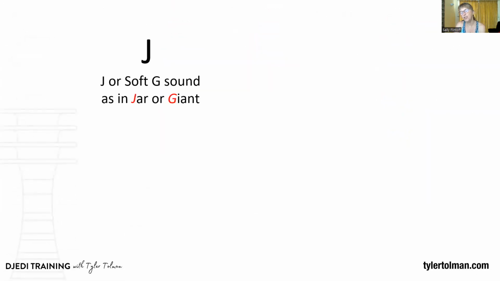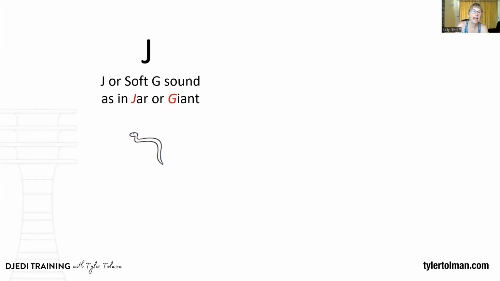J. Now, this makes a J sound or a soft G sound, as in the word jar, or in the sound giant. If your name is George or Georgina, for example, anything with that soft J sound, you would use this hieroglyph to write your name with, not the hieroglyph for the hard G sound, as in gate, that we just looked at.